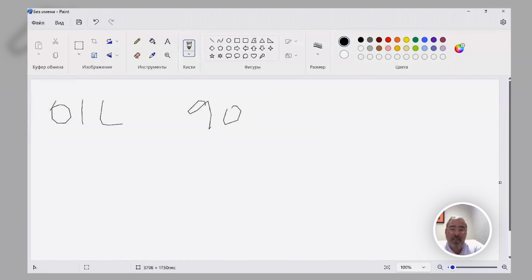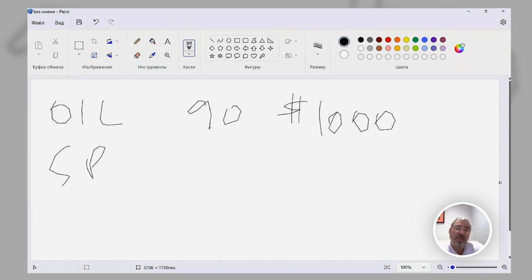You need only $1,000 to trade one contract of oil. It's called intraday margin. If you decide to hold a position overnight, obviously you're going to need a completely different amount of money. But let's say S&P 500, you need only, let's say, $500 to $700 to do one contract of S&P.